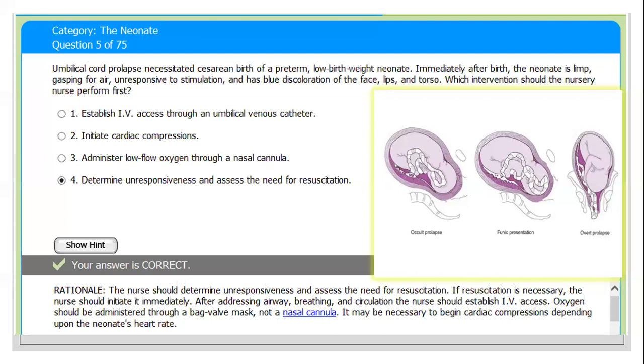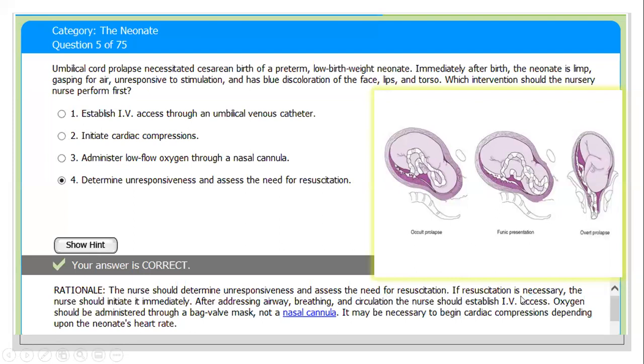So it is very dangerous for the baby. In the delivery, the fetus can put stress on the cord, right? So the rationale said the nurse should determine the unresponsiveness and assess the need for resuscitation.